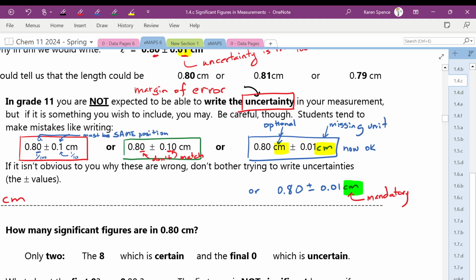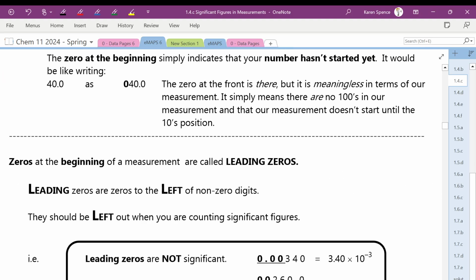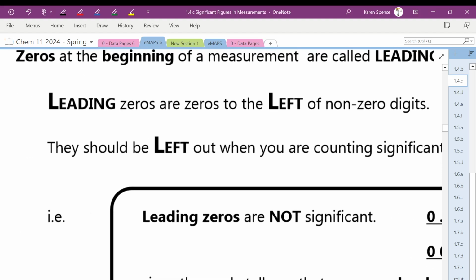Okay. We actually already talked about this, so we're just going to skip over this. And we're going to take a look at all of our zeros. So this is at the bottom of the page. Technically, you do not need to know the term leading zeros as long as you know where they are.